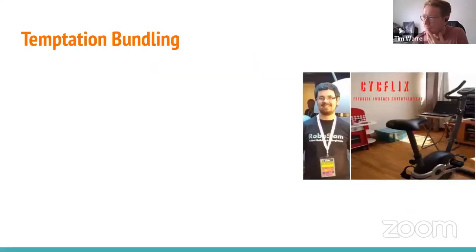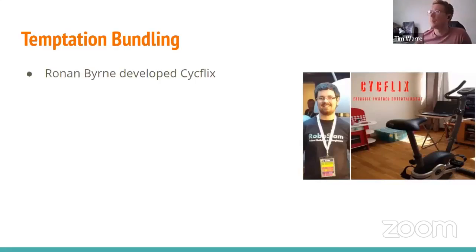Okay, moving on to the second rule of behavior change, make it attractive. So some examples from the book. One is temptation bundling, this idea of bundling a habit that you need to do, like a good habit that you're supposed to be acquiring, for example, exercising, with a habit that you want to do. So this guy from Ireland developed something called Cycle Flicks.